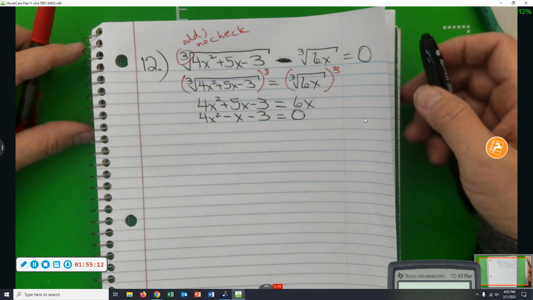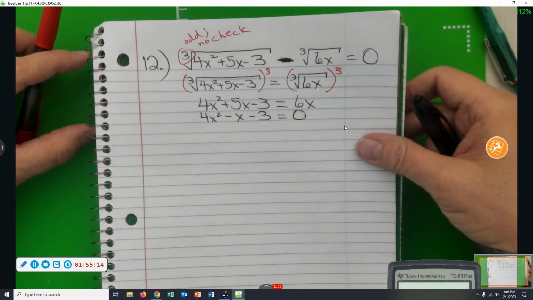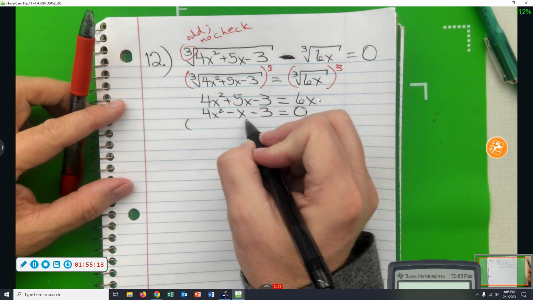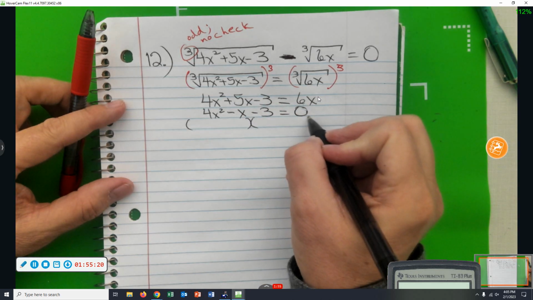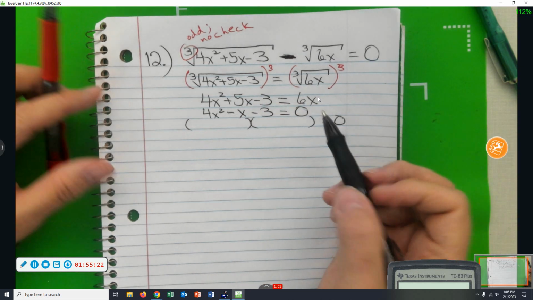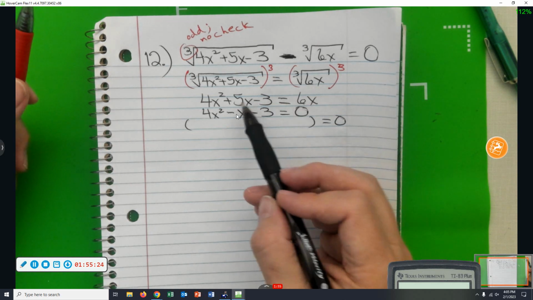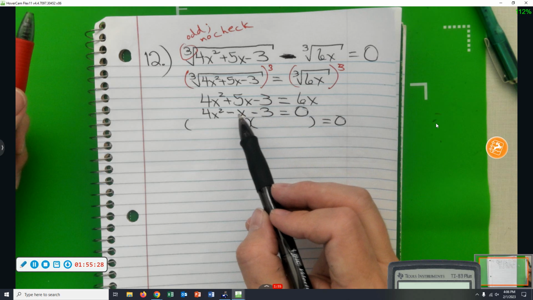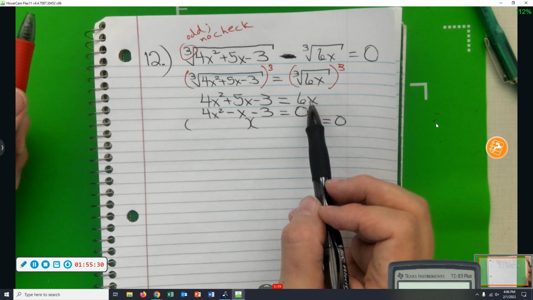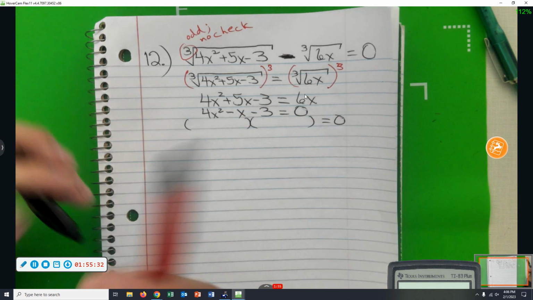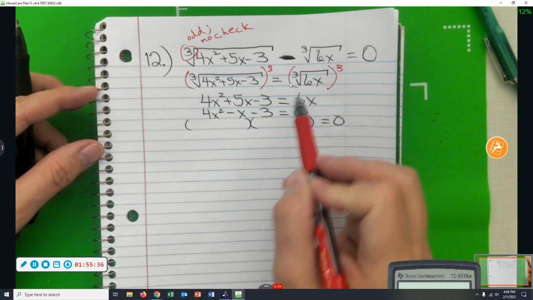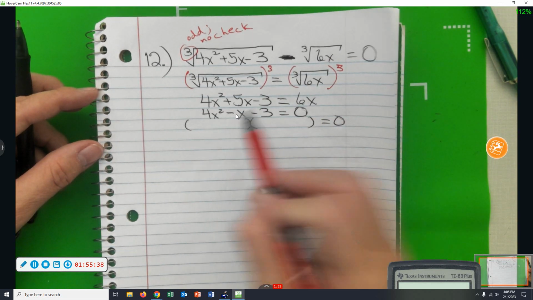I just noticed one. What did I miss? We move the 6x over to get a 0 on the right-hand side. 5x minus 6x would be negative 1x. You asked, what did I just miss? Yeah, I'm right, I was writing it. Minus 6x, 5x minus 6x gave us the minus 1x.